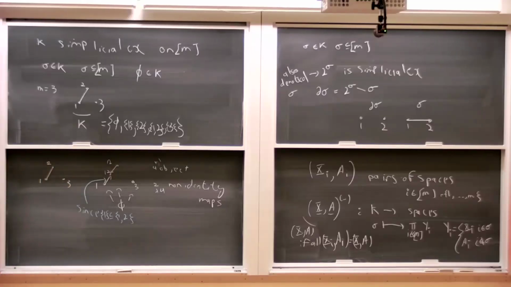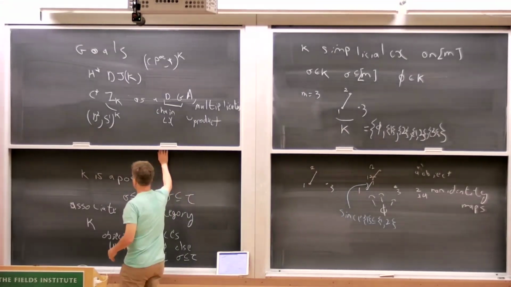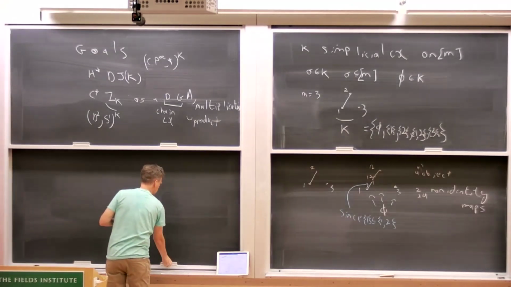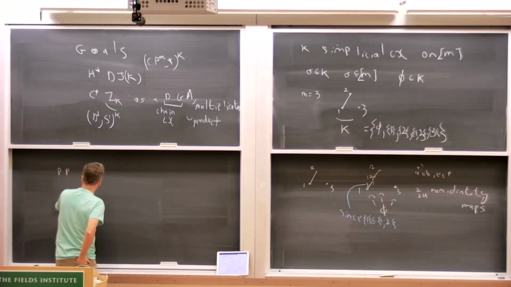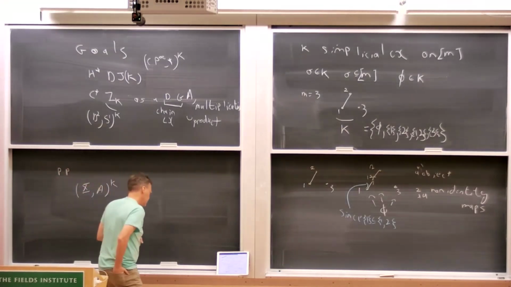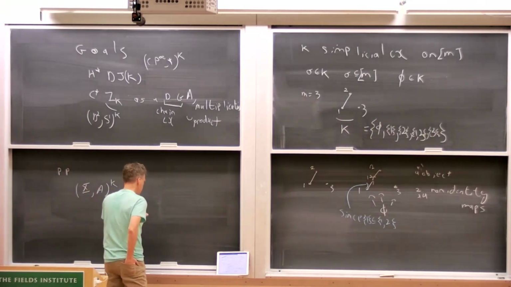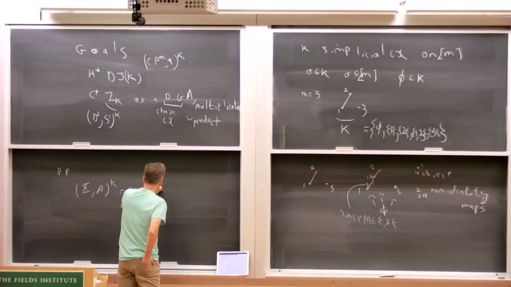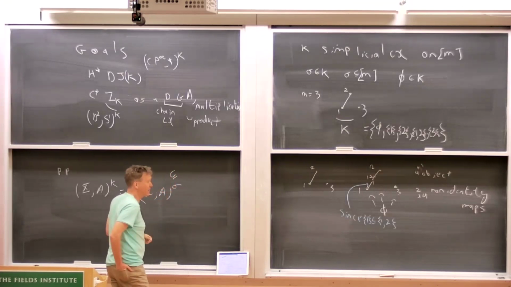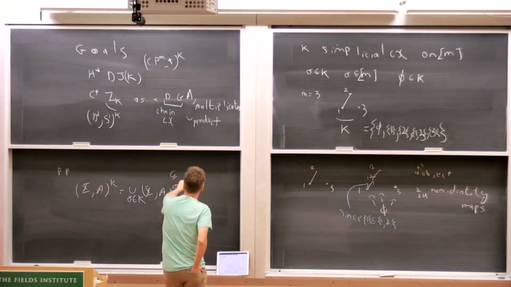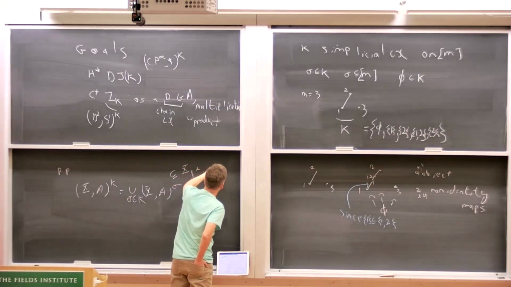Okay, and then the polyhedral product, as Martin defined, (X, A)^K, is just going to be the union over sigma an element of K of (X, A)^sigma, as a subthing of, if all of the spaces are the same, normally X_1 cross dot dot dot cross X_m.